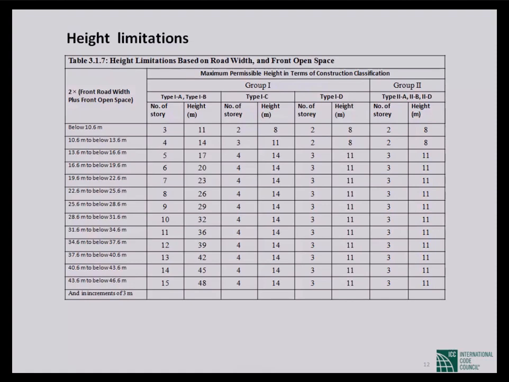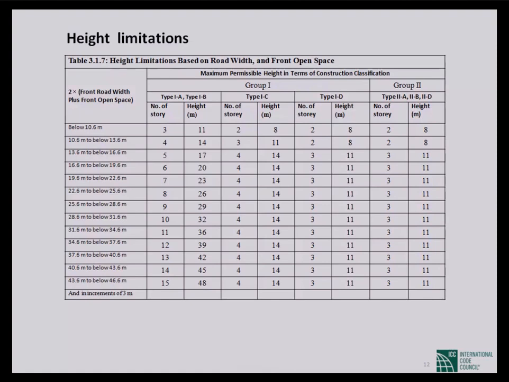All buildings are classified based on the fire rating of the elements, the structural elements. Depending on the structural element, buildings are typed in two categories: Type 1 and Type 2. I will come to the detail after that.